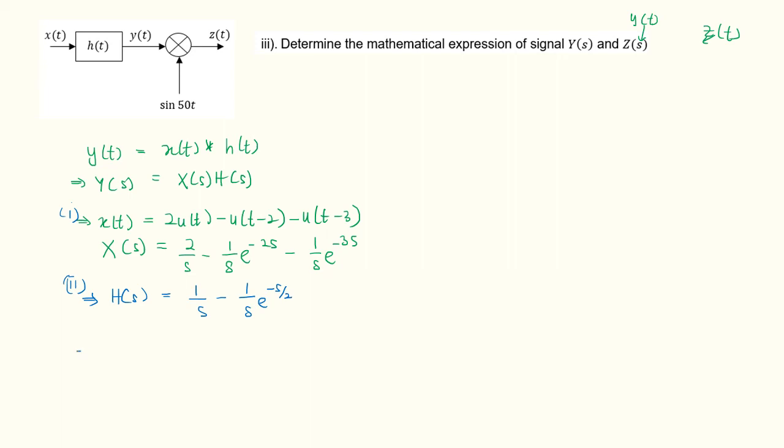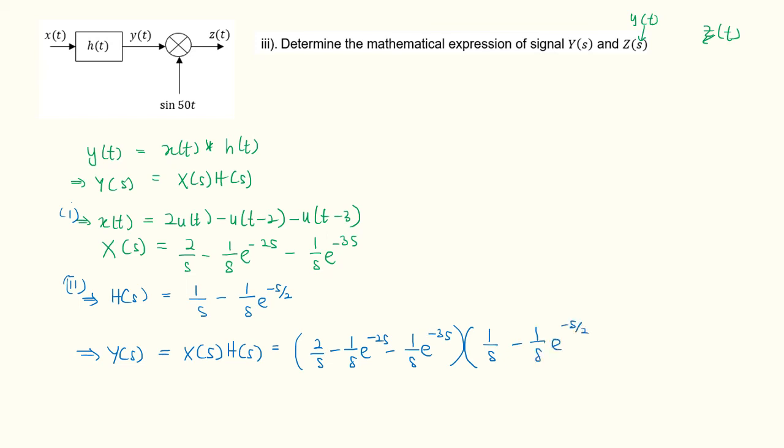Okay, therefore your Ys equal to Xs multiplied with Hs. You need to multiply both signals in the s domain. So it is equal to 2 over s minus 1 over s e to the minus 2s minus 1 over s e to the minus 3s, multiplied with Hs, 1 over s minus 1 over s e to the minus s over 2. Please expand the equation and solve for Ys.